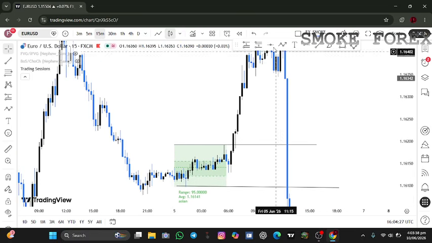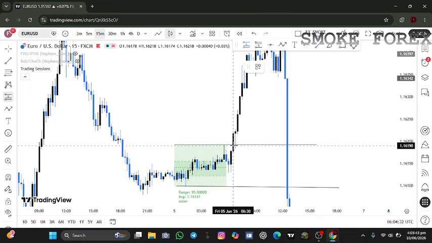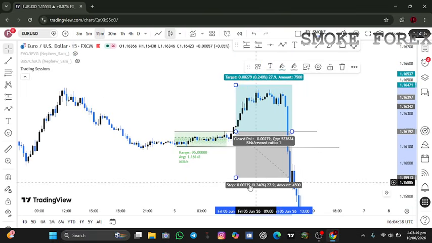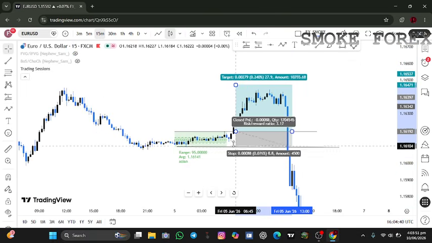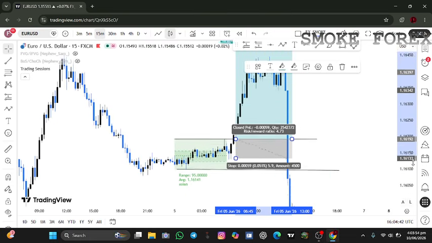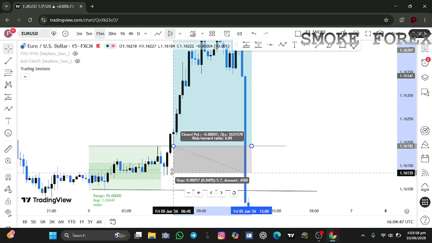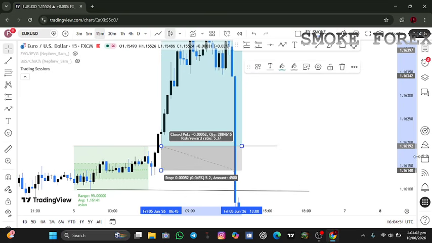If I was active, I would even have taken this trade, with maybe my buy limit and buy stop over here at the high, then adjust my stop loss. Always place your stop loss at these three dots. You can see there is a middle dot over here. Place your stop loss there and aim for 1:3.